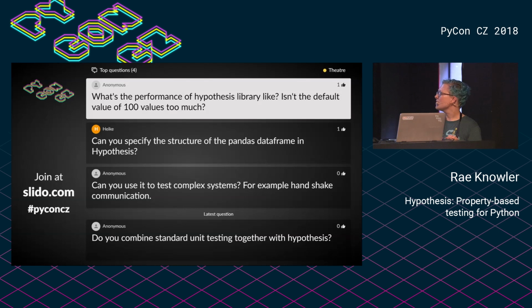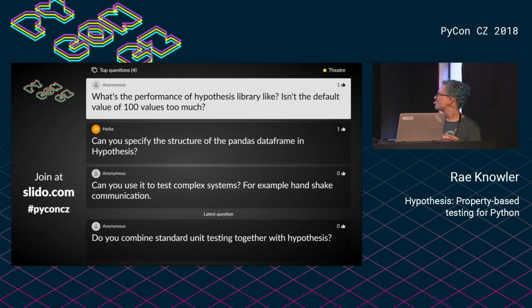And actually, I don't find 100 values is a real problem. The transactional test case that I mentioned actually can be a bit of a performance bottleneck, obviously because it's resetting the global state every example. But yeah, I think 100 values is fine. Don't know if that was a good answer. Yeah, well, it is an answer, so good.